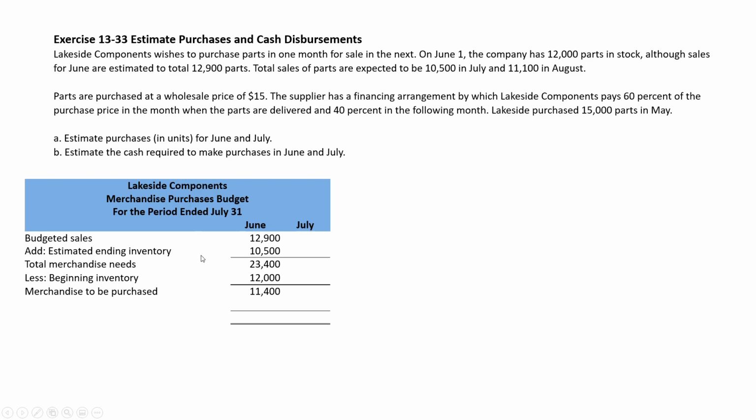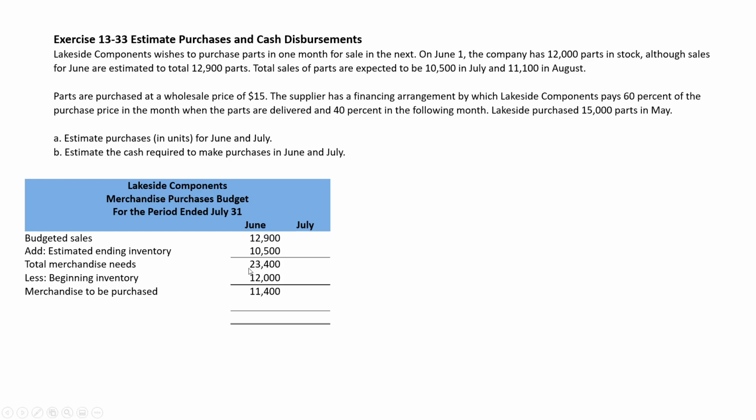We also want to consider what's the ending inventory that we want to have on hand. Again, their policy is, hey, what I want to have on hand at the end of any month is to fulfill the sales for the next month. Sales next month are 10,500. So my ending inventory that I want to have on hand for June is 10,500. So I have enough to cover what I think I'm going to do in July.